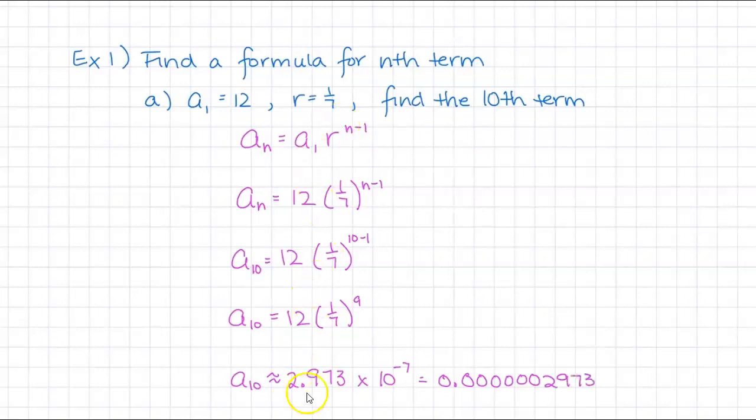You have to take the decimal point and move it over 7 places. So it's a really, really tiny number. Sometimes your answers for your homework are just going to be approximations because your calculator's not going to be able to show you the exact number. It's okay. Don't worry about that. So there's the first one. Pretty straightforward. Let's look at one that's not quite as straightforward.